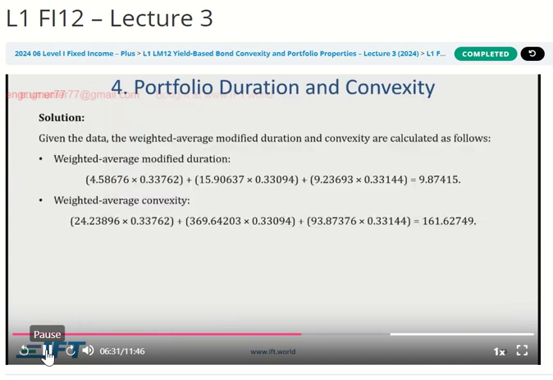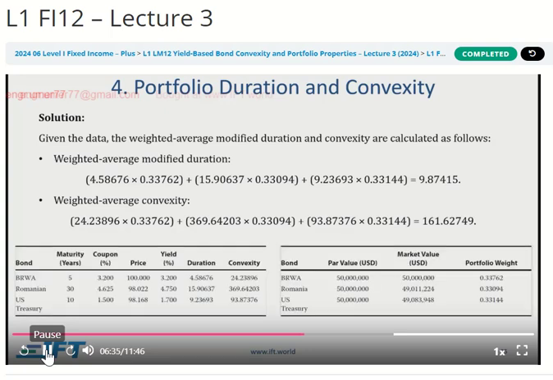Right. So hopefully you were able to calculate this first part, which is very simple. All you have to do is take the weight of each, take the duration of each, and you get the weighted average duration.